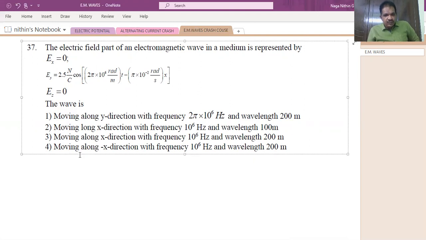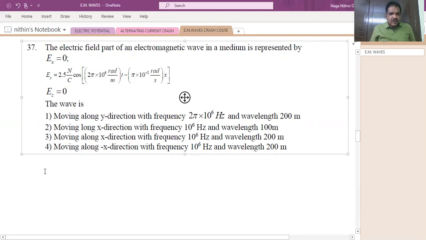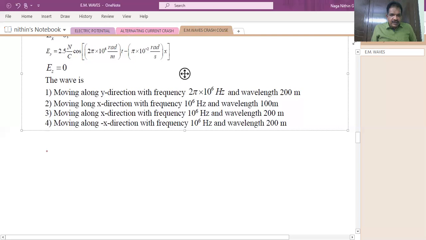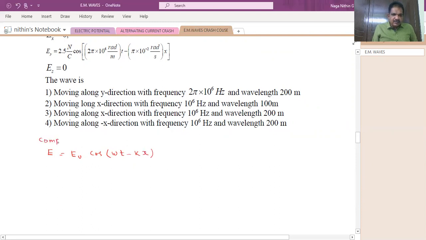This wave is moving with, you find: E is equal to E naught cos omega t minus kx, comparing with it.